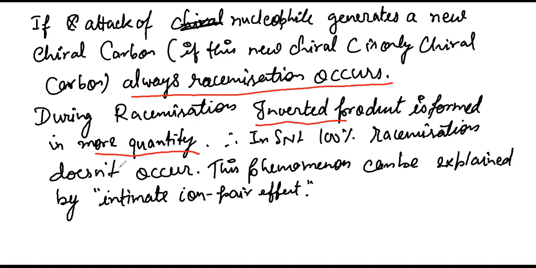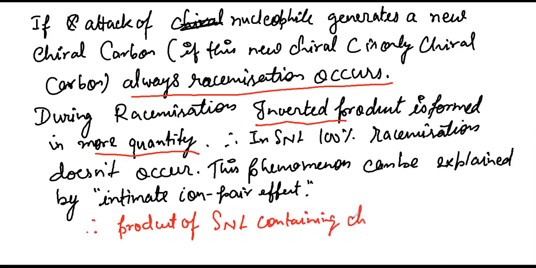It will not be like your mixture, whatever solution you will get, that will be optically inactive. No, that's what I'm also writing. Therefore, the product of SN1 containing a chiral carbon will not be optically inactive.